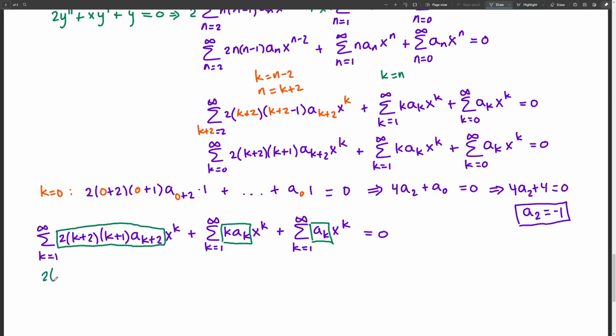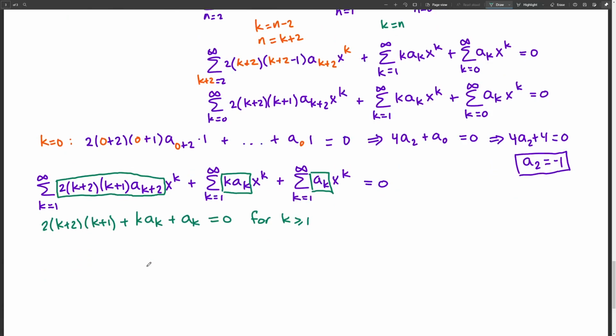So what we get is that 2 times k plus 2 times k plus 1 plus k times a sub k plus a sub k, that equals 0 for k greater than or equal to 1.